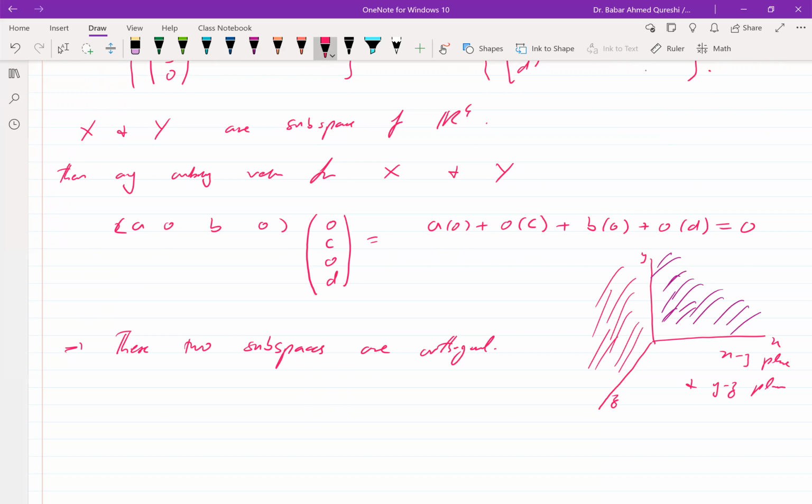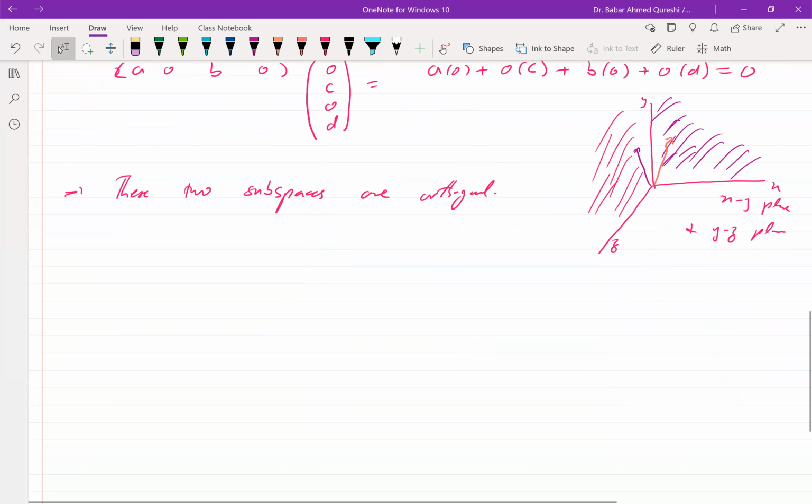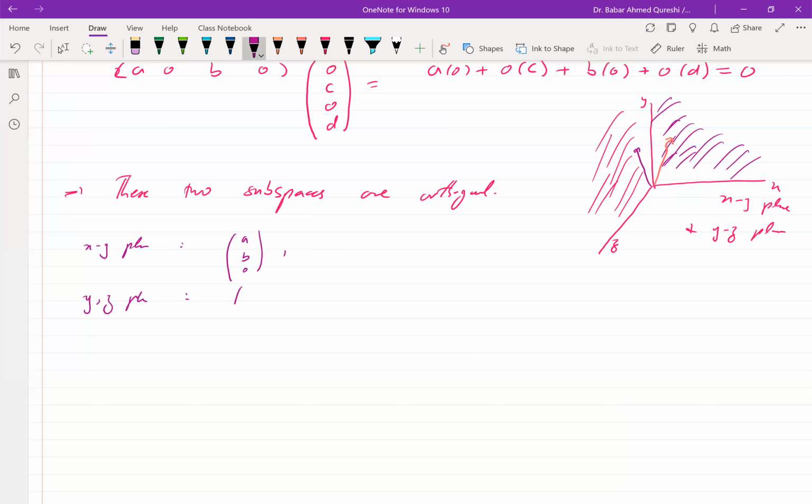Then they are not orthogonal, because if I consider a vector here, this one, and a vector here, the angle between them is not 90. So I don't expect them to have a zero product. And I know that vectors in the xy plane are of this type, and vectors in the yz plane are of this type.